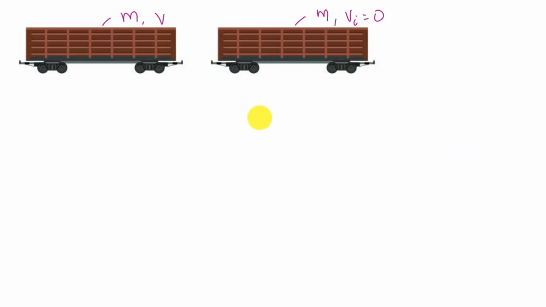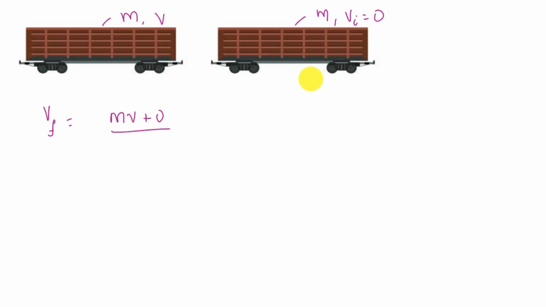So this is a case of completely inelastic collision, and just now we studied that after collision the final speed of the two cars would be the initial momentum divided by the total mass. So the initial momentum for the two cars would be m times v, and the velocity of the other was 0, so no momentum, plus 0, divided by the total mass.